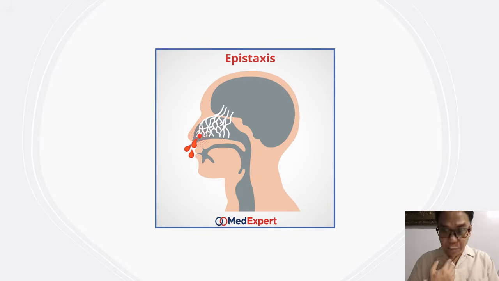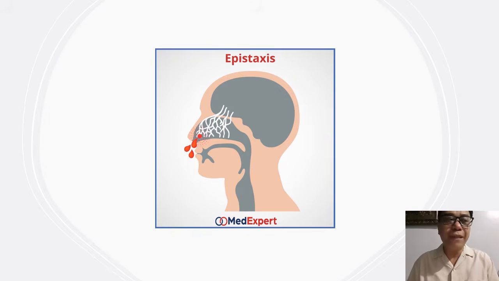So usually we're asking them to tilt it, okay, downward. Okay, then after that, pressure is being put on the soft tissue of the nose like this. And it is done for at least 10 to 15 minutes. Okay.